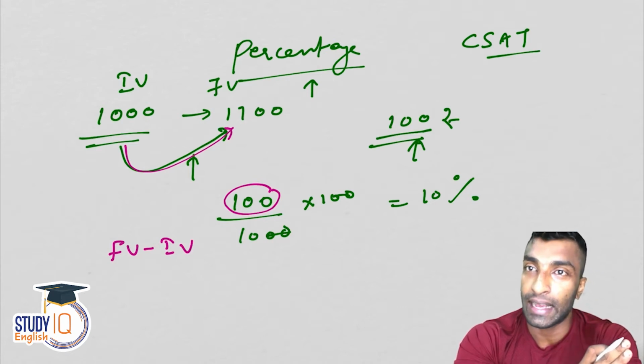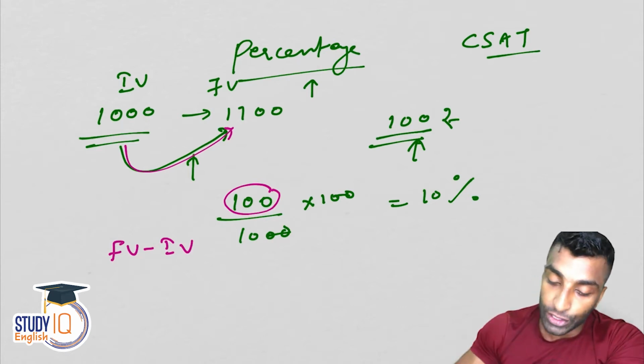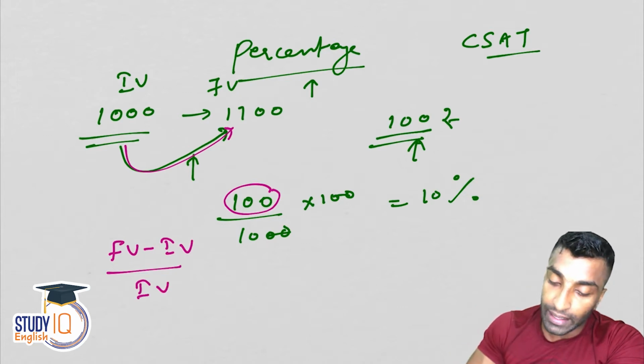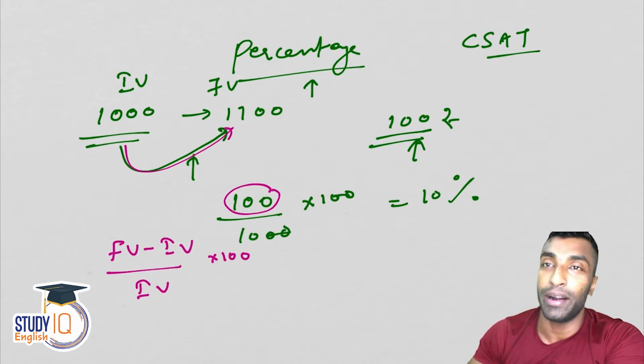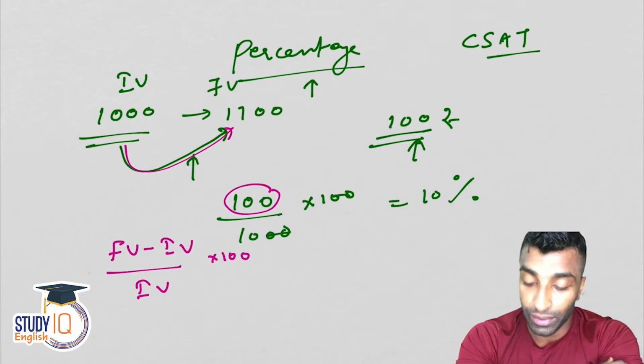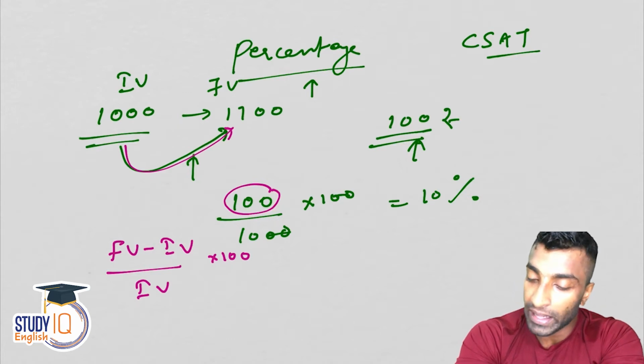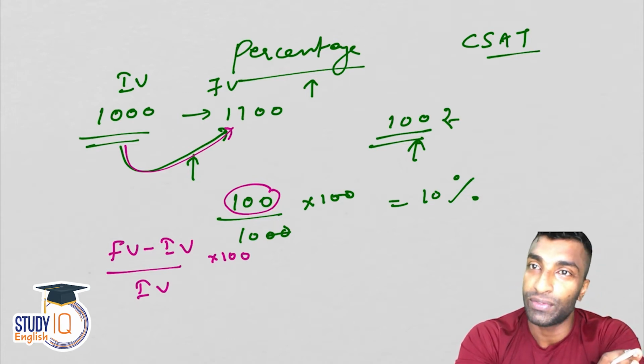From the original salary, how much change is there? So final value minus initial value gives you the change, divided by that initial value, multiplied by 100. This is the formula. If you don't want to remember this formula, I'll teach you how to find it faster also. But since I'm starting, I have to discuss this.